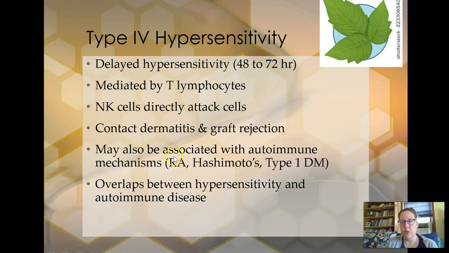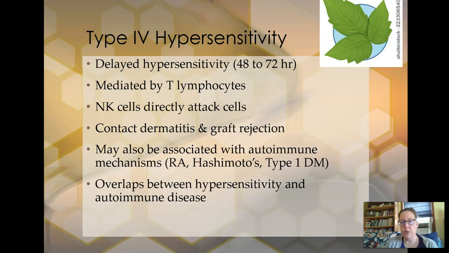So contact dermatitis and graft rejection again are the two biggies. Poison ivy, poison oak is an example of contact dermatitis. But if you ever had an allergy to metal, to nickel or something like that, when you have a breakout where there's a belt buckle or a watch or something like that, that is contact dermatitis.